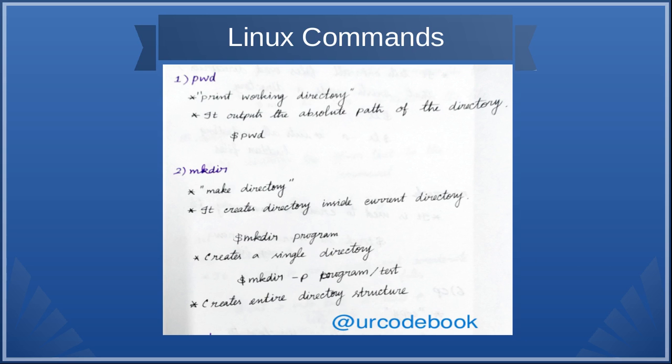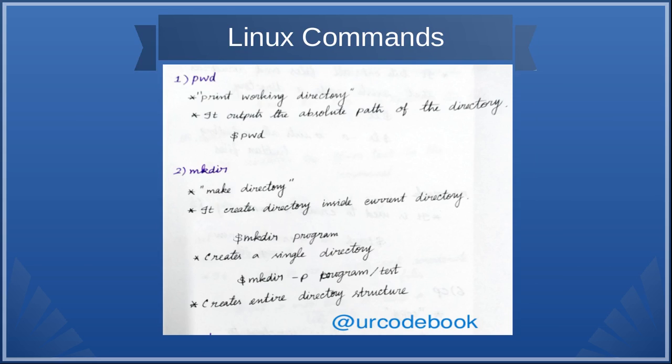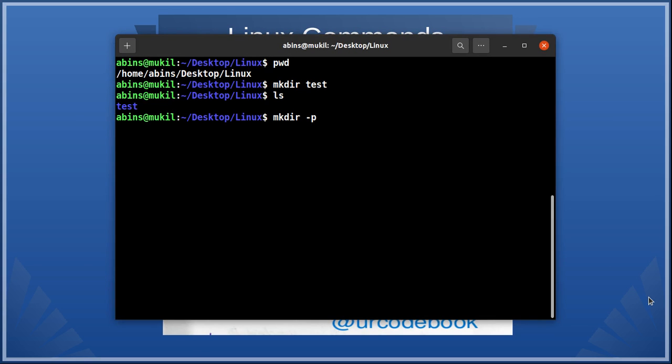So this is the first one. It creates a directory inside the current directory. And if you want to create a directory inside another directory, we can do it here: mkdir -p test, and here I will create input.